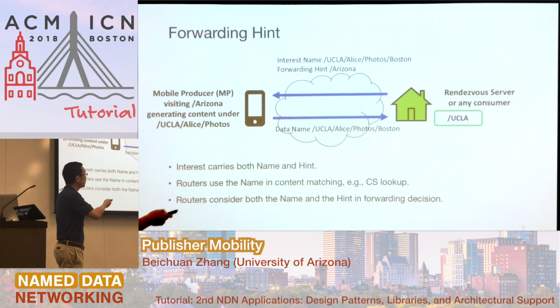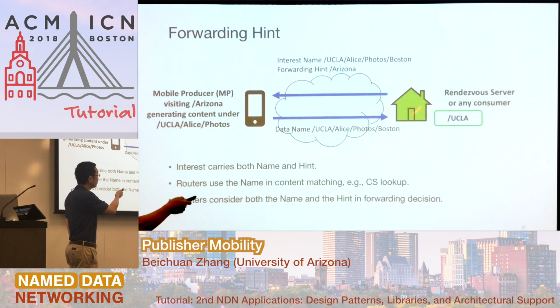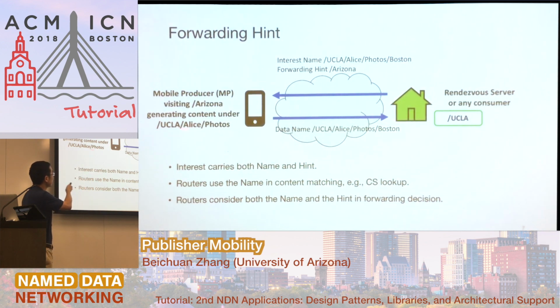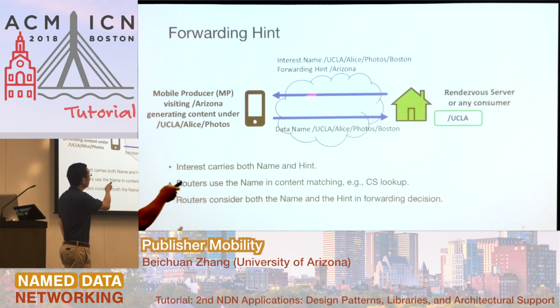If we somehow let the UCLA Rendezvous know that there's content available under this edit photos prefix, but it's right now in Arizona, then the Rendezvous will send an interest with the interest name like this, just a regular interest name for that content. But it also has another field in the interest packet saying the forwarding hint is /Arizona.